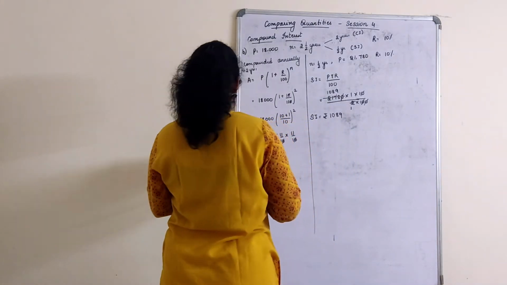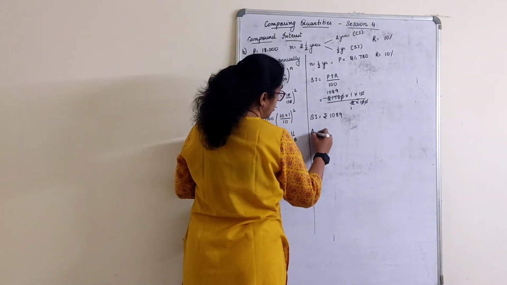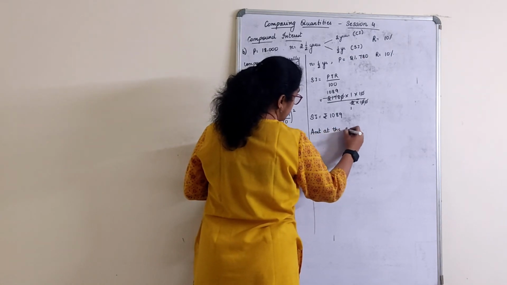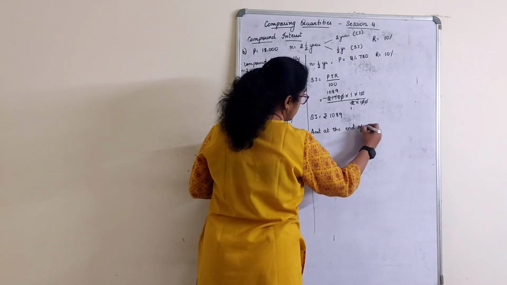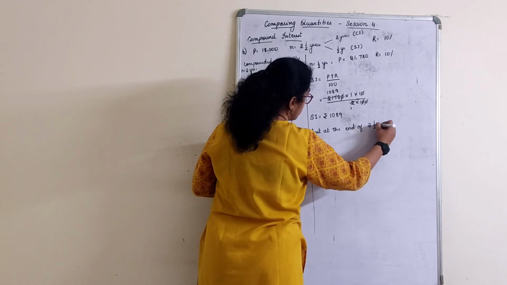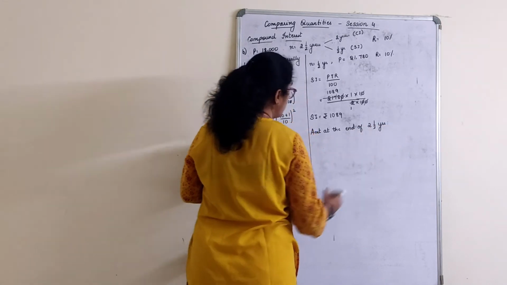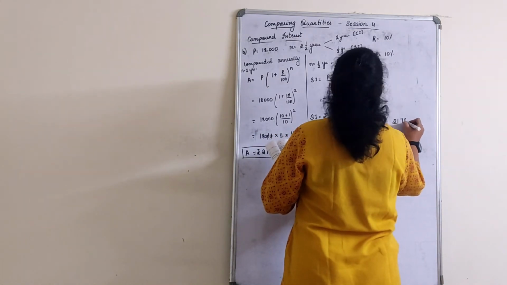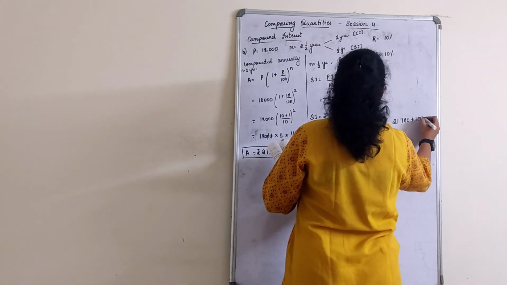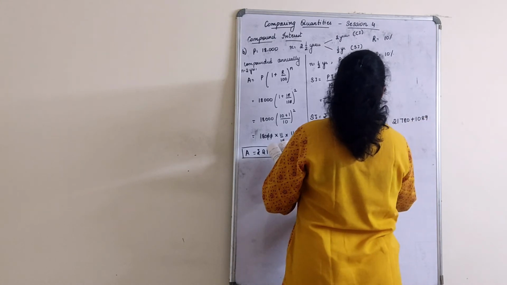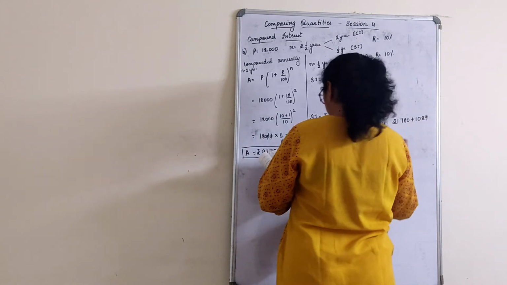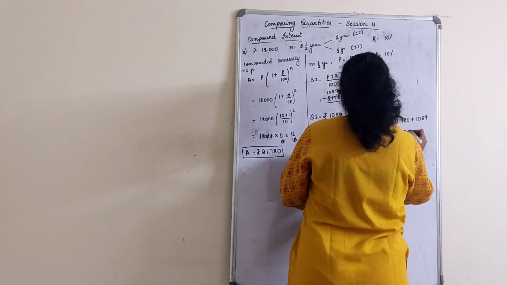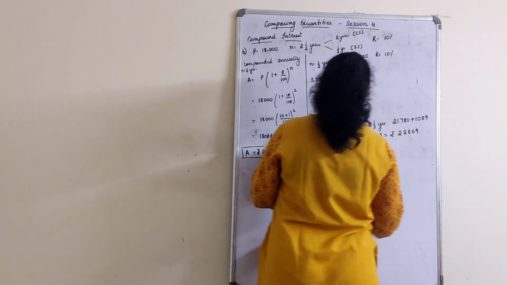1089. So, right, amount at the end of 2.5 years. How much? 21,780 plus 1,089. So the amount at the end of this year is 22,869.